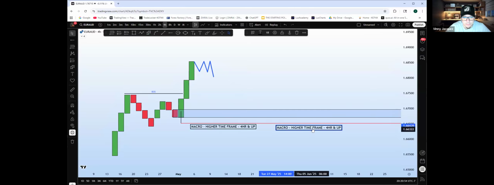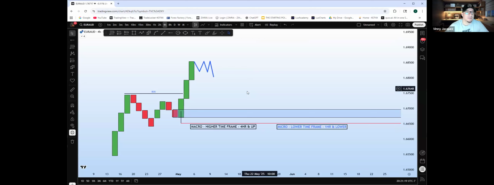So let's go ahead, make this blue. Micro lower. And again, this is just the basic layout and understanding to help you guys. 1 hour and lower. Awesome.